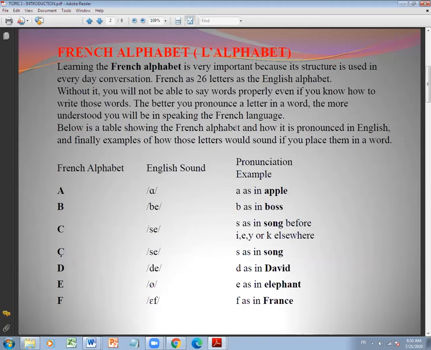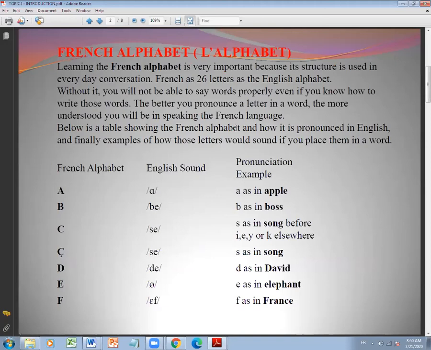French alphabet, English sound, pronunciation example. A: English sound A, example A as in apple. B as in boss. C: S as in song before I, E, Y, or K elsewhere.